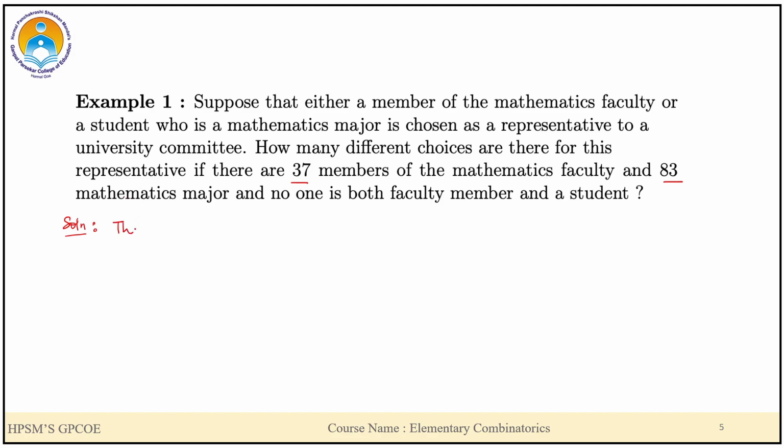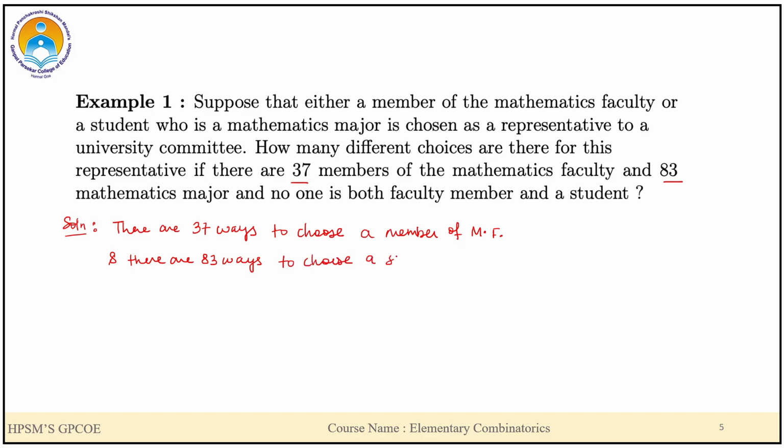So there are 37 ways to choose a member of the mathematics faculty, and there are 83 ways to choose a student who is a mathematics major.